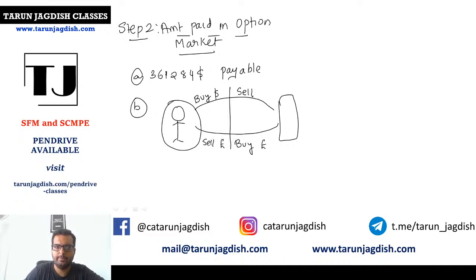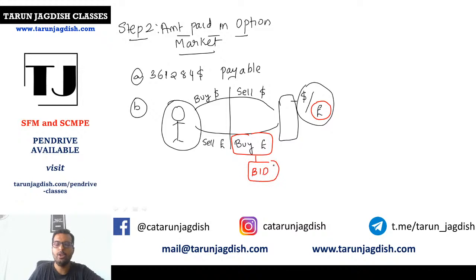Buy dollar, sell sterling, dollar per sterling. For determining bid or ask, we ask two questions. What is the commodity? What is the bank doing? Hence, we get the answer as bid rate. For call option or put option, we ask two questions. What is the commodity? What is the person doing with the commodity? He is selling sterling, right? For doing this, what does he want? He needs a right to sell.